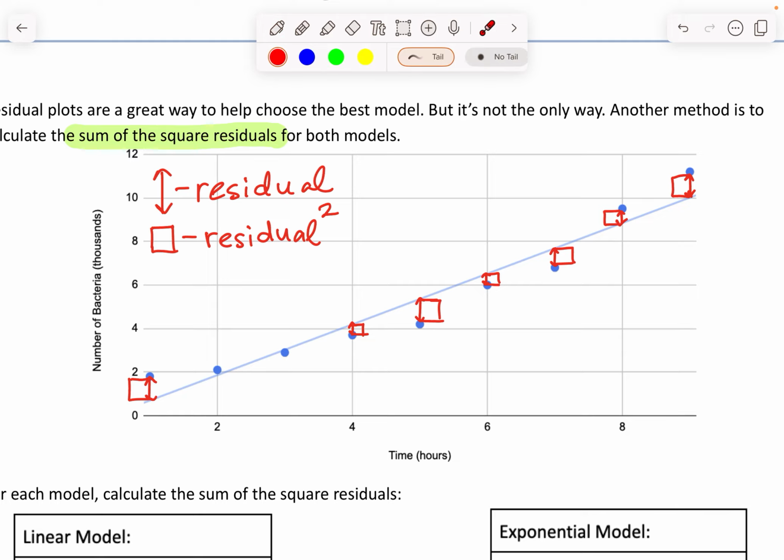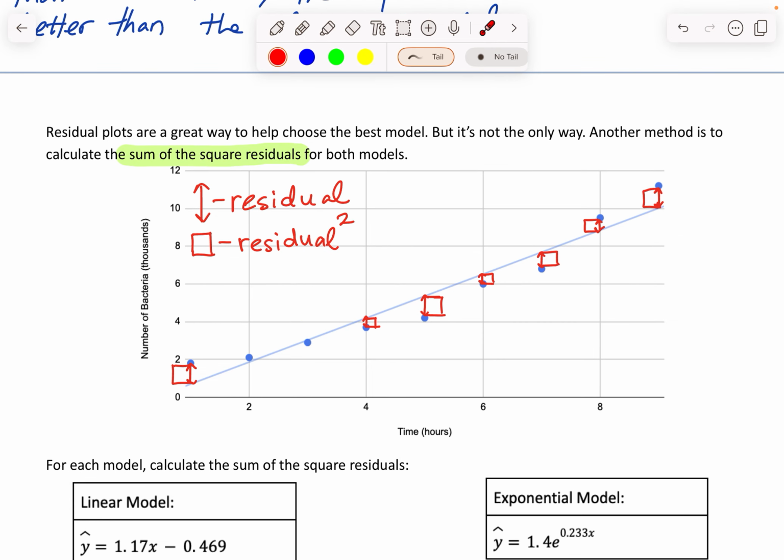Points farther away from the line have a much bigger square. Points close to the line have smaller squares. But this is how we can think about all those square residuals. So what I'm doing when I find the sum of the square residuals is I'm taking all these square residuals and adding them up to give me a single number that helps me understand how much total error there is across the entire model.